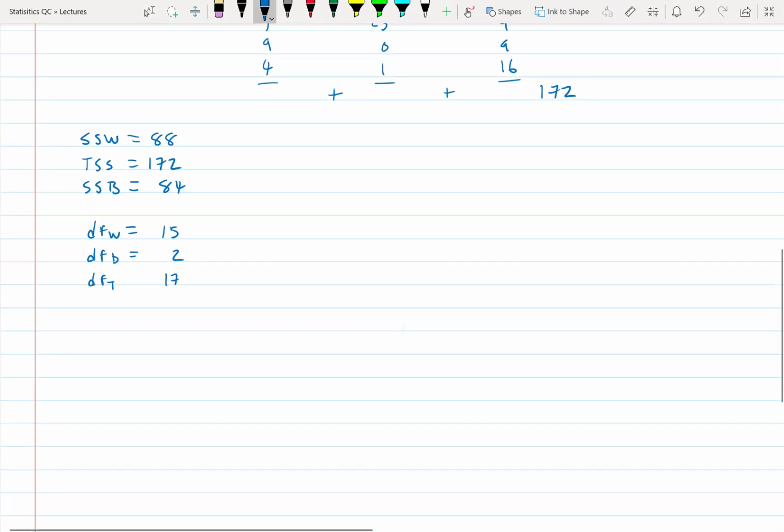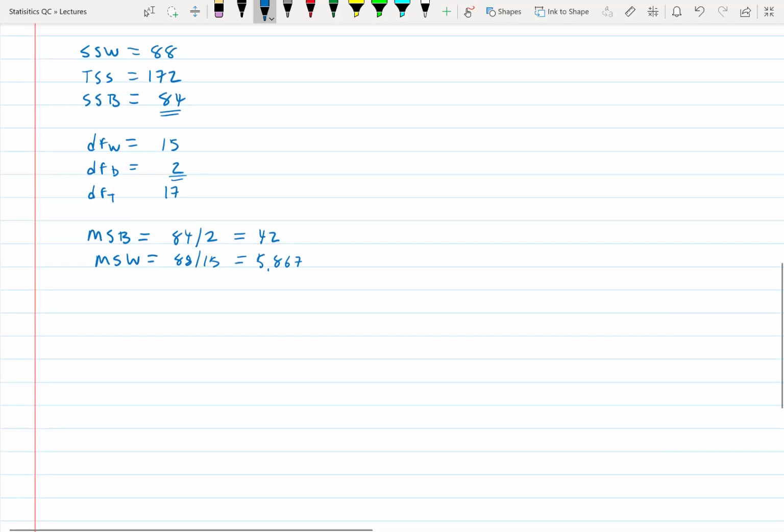All right. So the mean square between is equal to 84 over 2. That's this 84 divided by this 2. And that is going to equal 42. The mean square within is going to be 88 divided by 15, and that equals 5.867.